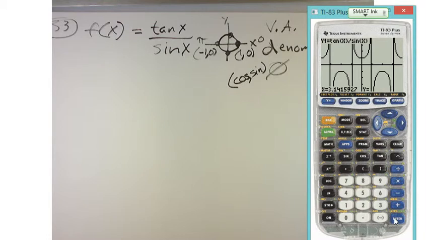I see that y doesn't equal that. So as I come across here, y certainly isn't defined at pi, but that's not the vertical asymptote. What's the vertical asymptote? It's like 1/2 pi. Why is that?